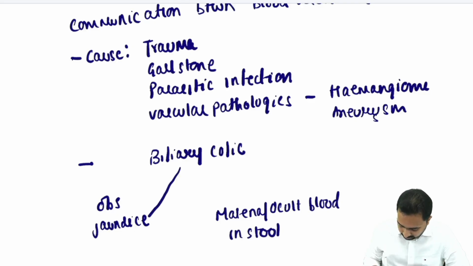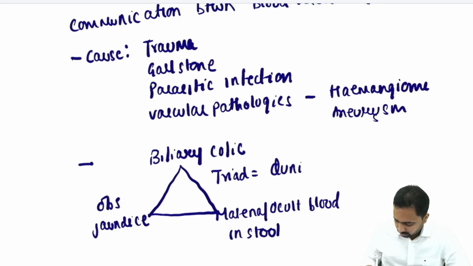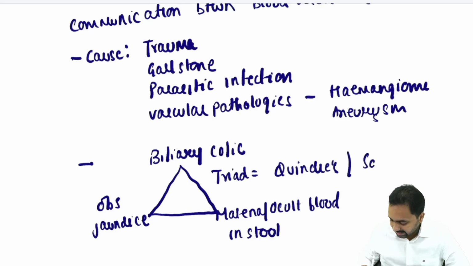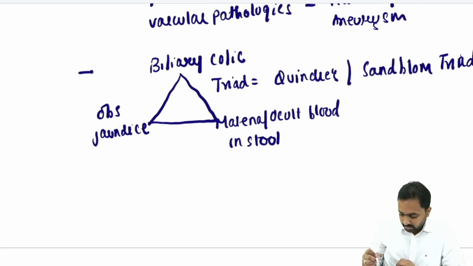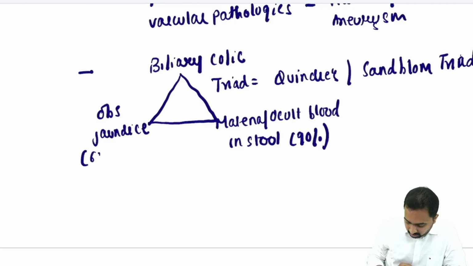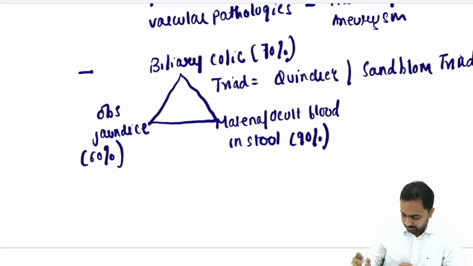Now, these three features form a triad which is called Quincke's triad, or the Sandblom triad. Usually occult blood in stool is the most common finding, present in around 90%, obstructive jaundice being present in around 60%, and biliary colic being present in around 70%.